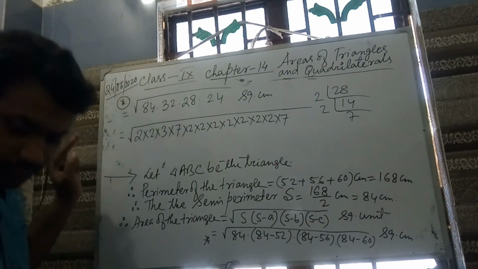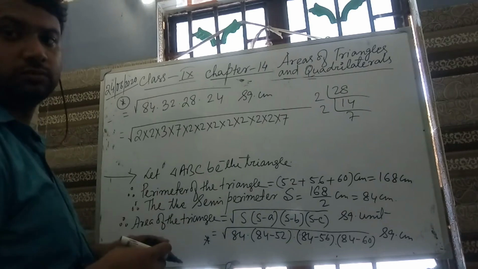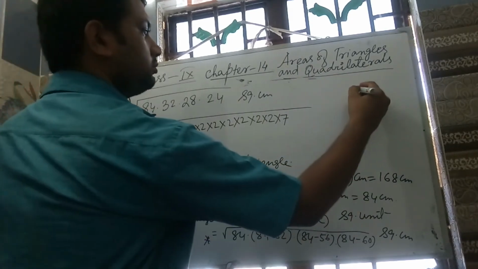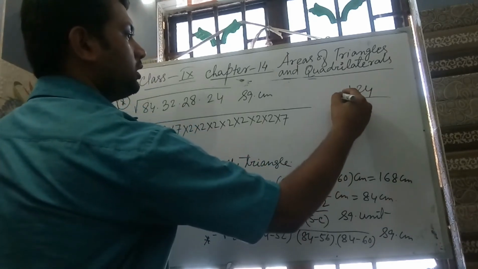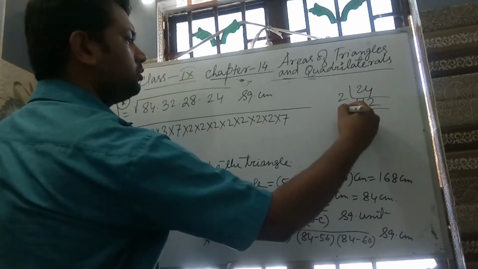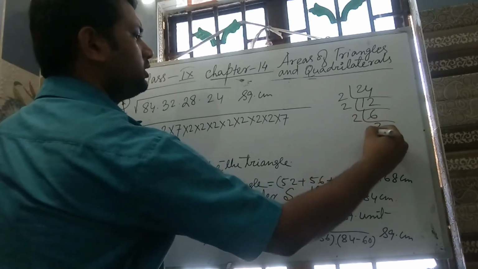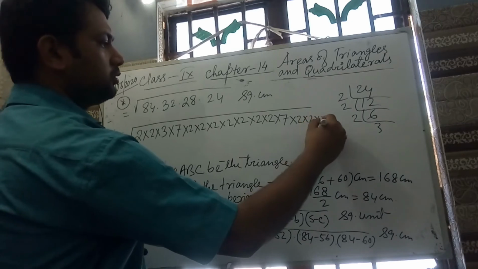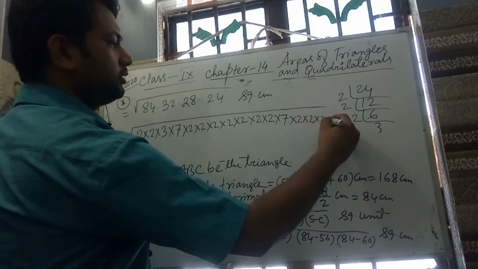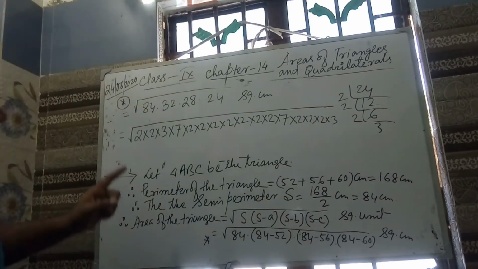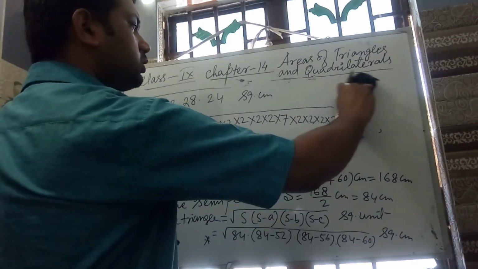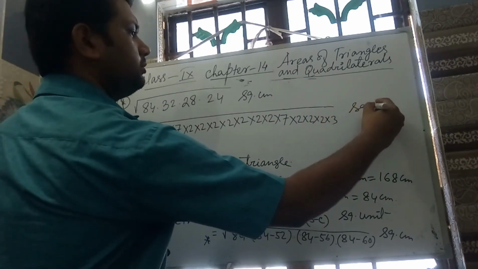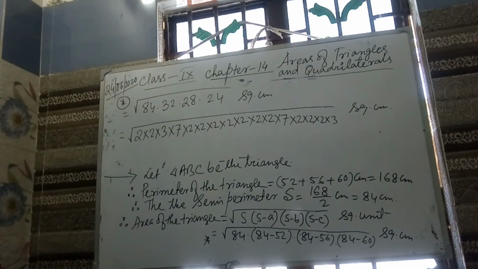Next is 24. 2, 12, 2, 6, 2, 3. So three 2s and one 3. The whole thing will be under the square root sign, and here also write down square centimeter.